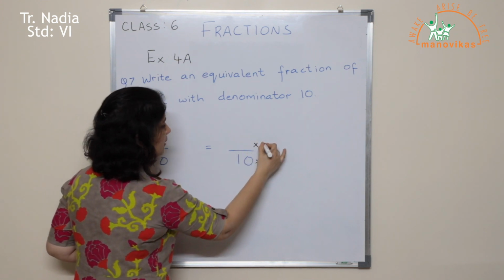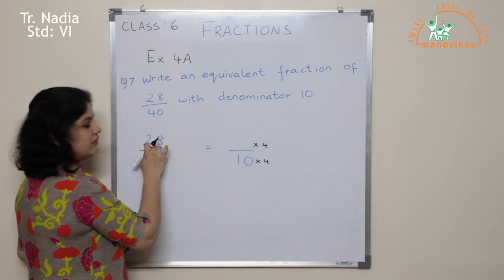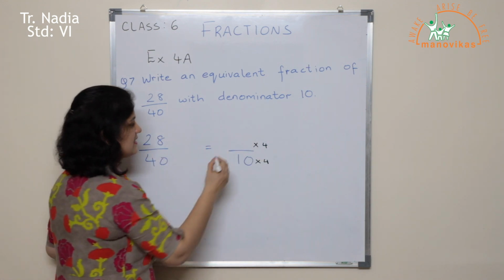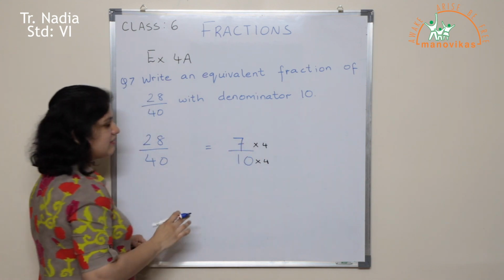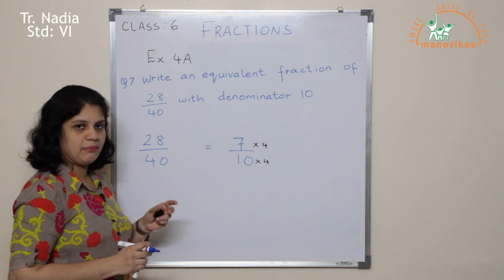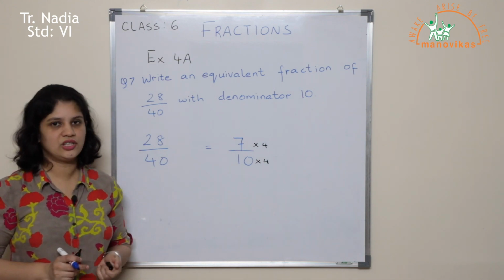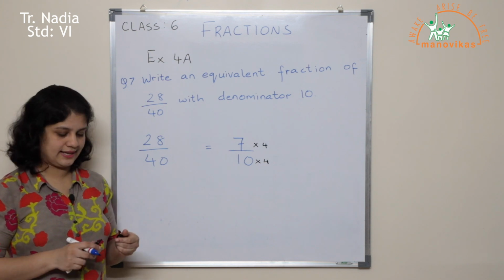So here also in the numerator, I have to multiply something by 4. So what multiplied by 4 will give me 28? It will be 7. So in this way also I will get the required answer 7 upon 10. So remember, if you are doing multiplication, always do it on the lower side. Division will always be on the higher side of the number.